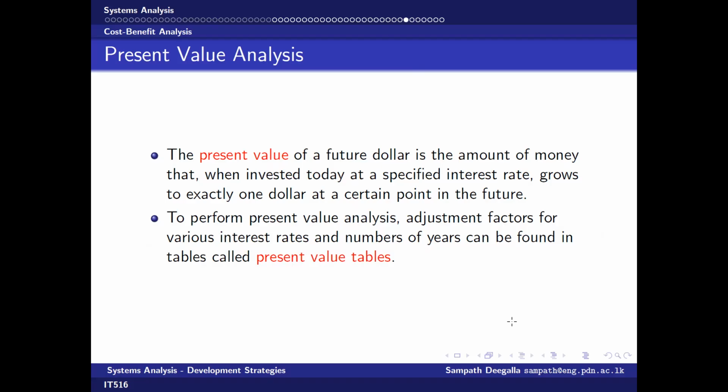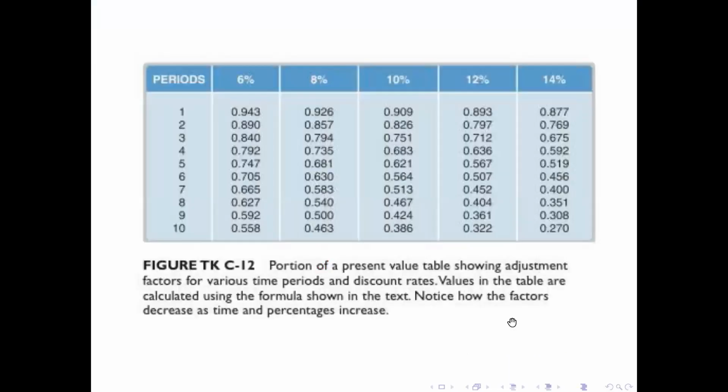So at 6%, usually we will talk about some interest rate. If you have a 6% rate for 1 year, this is the amount that you will have for a $1.